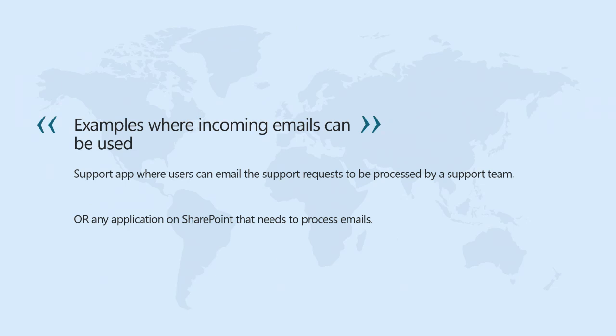They can also track those emails, like whether anyone is working on that support request, whether it is resolved, or whether it is waiting on the user. So a support help desk system can also be developed over SharePoint using email enabled libraries.